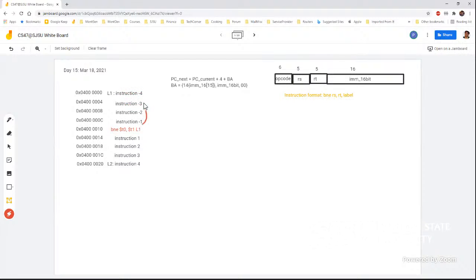This is how I place the indices, just to make sure we understand the relative positions of the instructions with respect to the test and jump instruction like BNE at this specific address.